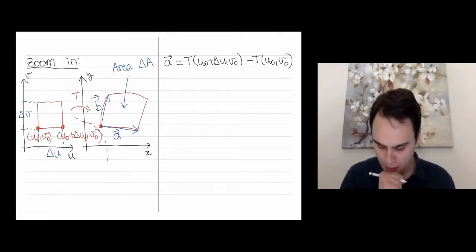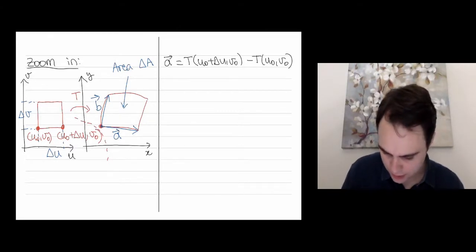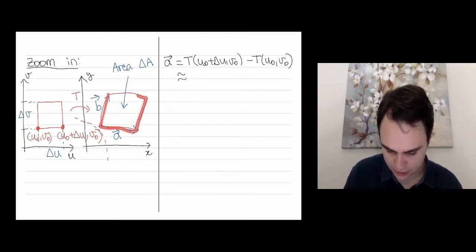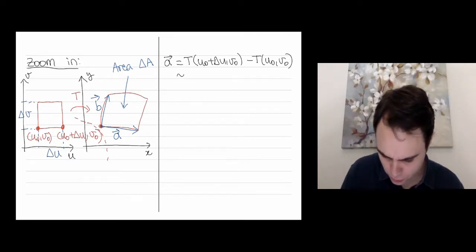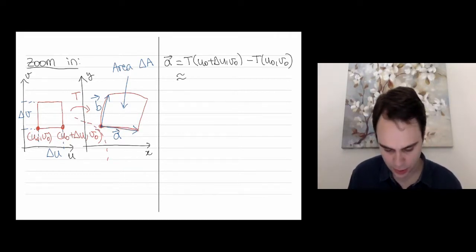Now let me give you a good enough approximation for understanding this area. A has an x coordinate and a y coordinate.